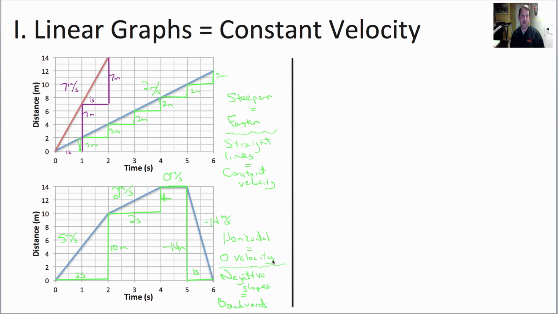Awesome. So now we know steeper is faster, straight lines are constant velocity, horizontal lines are 0 velocity, and negative slopes means you're moving backwards. Let's look at another one.